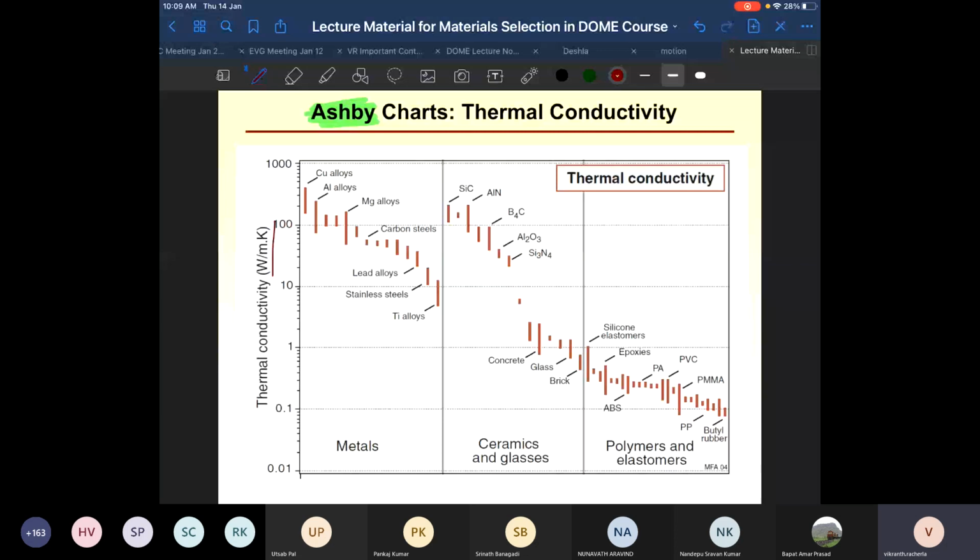Now, let us look at thermal conductivity of some of the commonly used materials. So amongst the metals, what is the highest thermal conductivity that you can get?